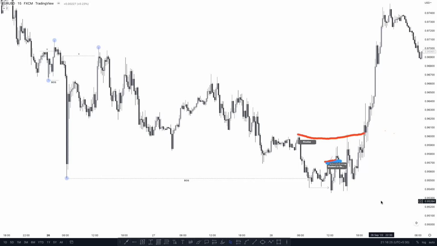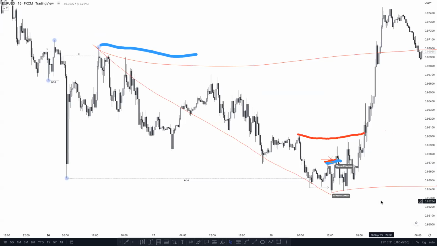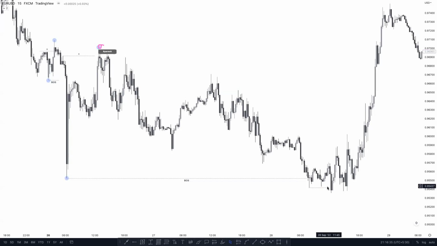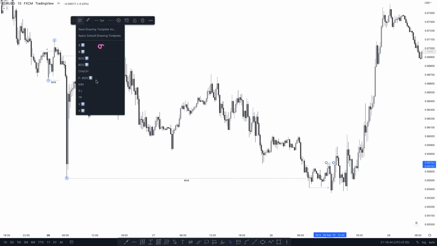After the break of structure, the first internal high acts like an inducement. So in this area, this high acts like an inducement, here.